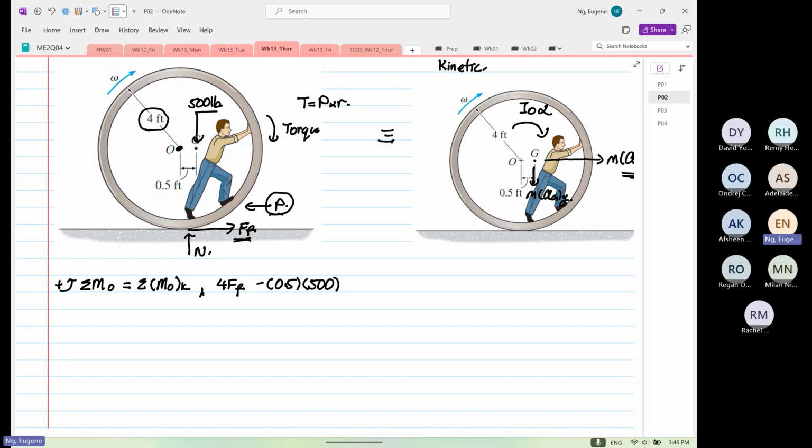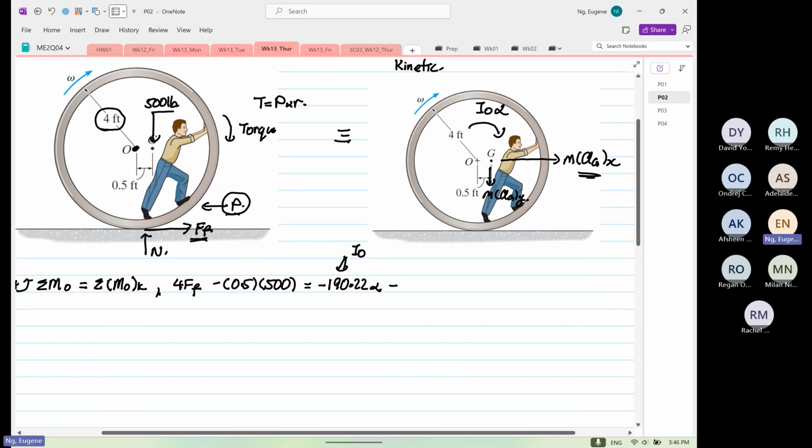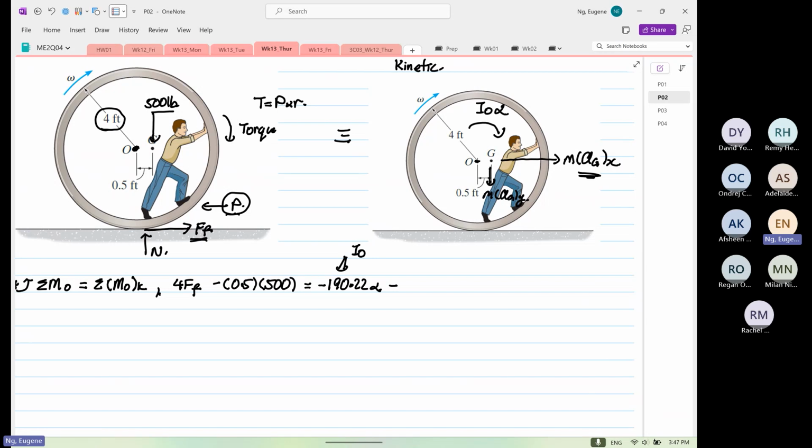Then the whole thing will be equal to I naught alpha, so it's minus 190.22 alpha. Remember, this is calculated, right? This is our I naught. When we are taking moments from point O, MAGX does not have a moment at all because there is no perpendicular distance.